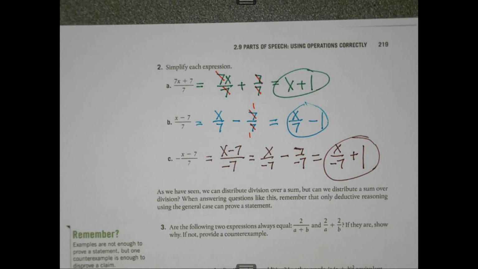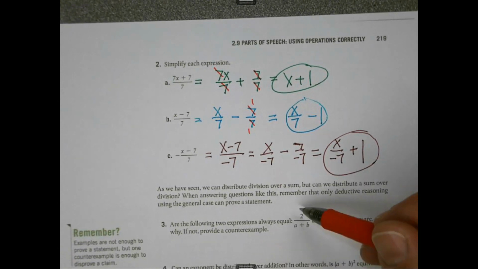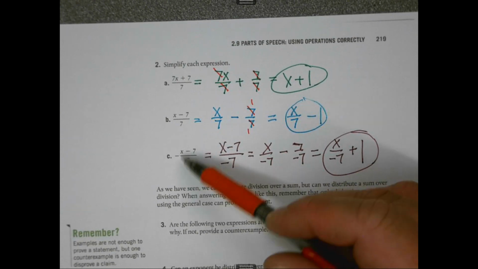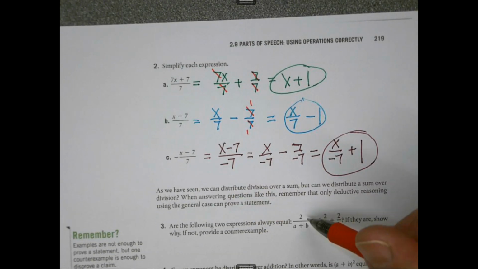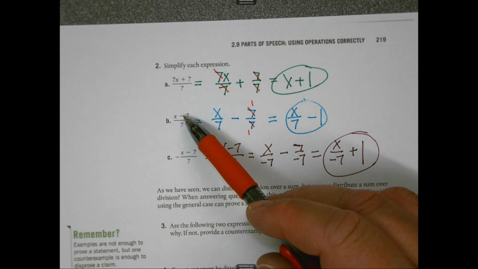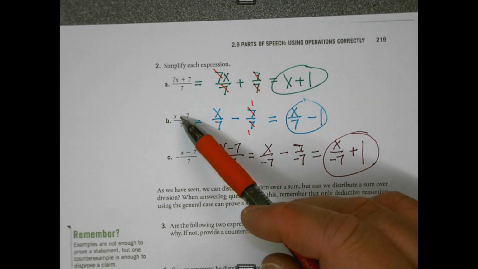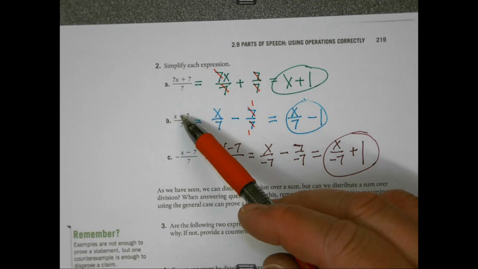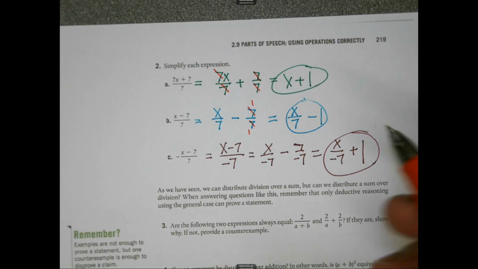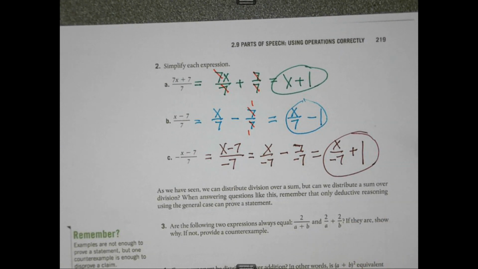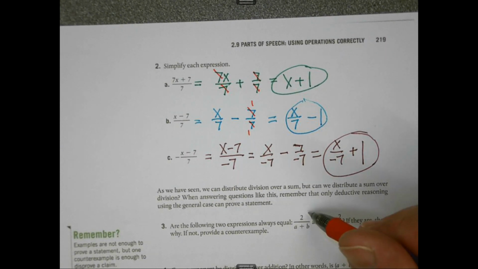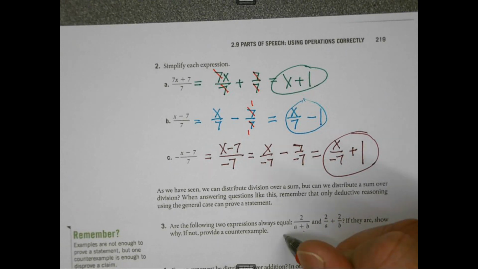And then you could also put that on the bottom, in the summation. In this case, subtraction is nothing more than a summation of a negative number. Now if it was in the denominator, you might think you could split this up, 2 over a plus 2 over b.